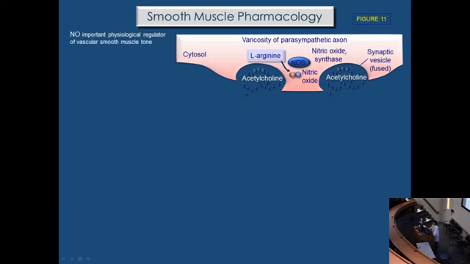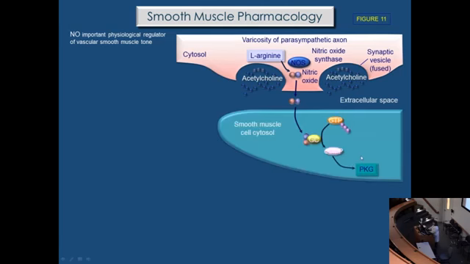So we have here the varicosity that we mentioned that contains the neurotransmitter, right? But in the varicosity we also got the activation of the nitric oxide synthase that will lead to production of nitric oxide, right? This NO will diffuse out of the varicosity and reach the smooth muscle cell, as is illustrated here, and then this will bind to activate the guanylyl cyclase.